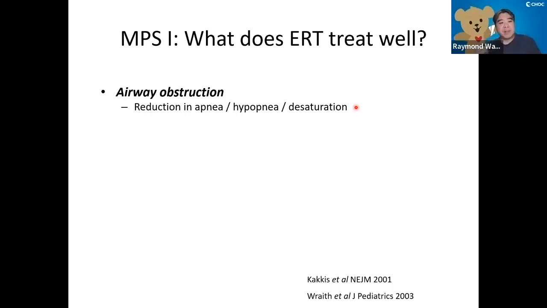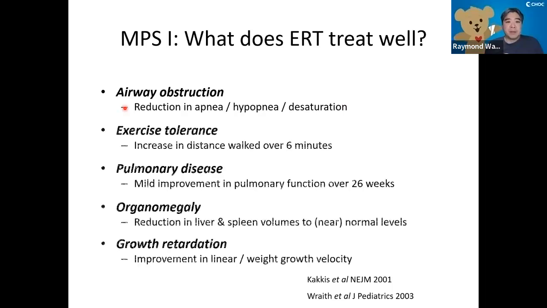In the upper airways, with lots of soft tissue, reduction of soft tissue storage resulted in improvement in airway obstruction and reduced obstructive sleep apnea, due to a general improvement in health. The 6-minute walk test, which measures the distance a child can walk in 6 minutes, increased quite significantly.